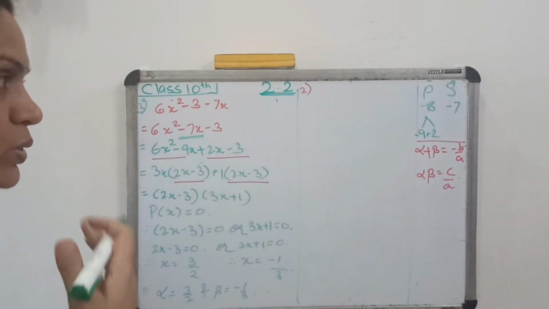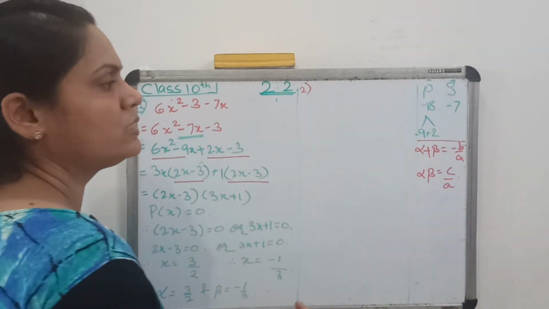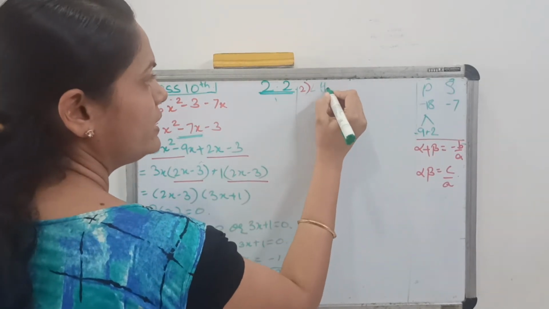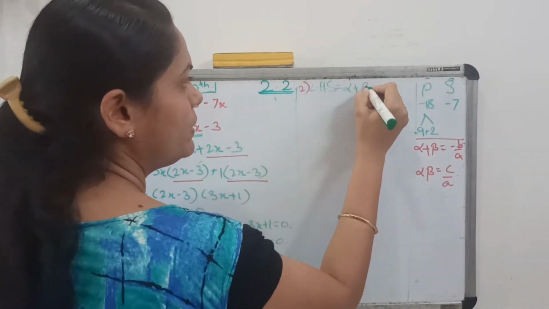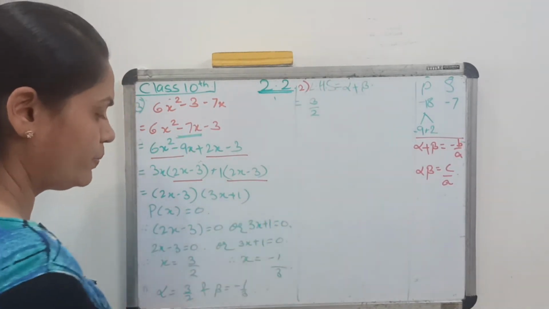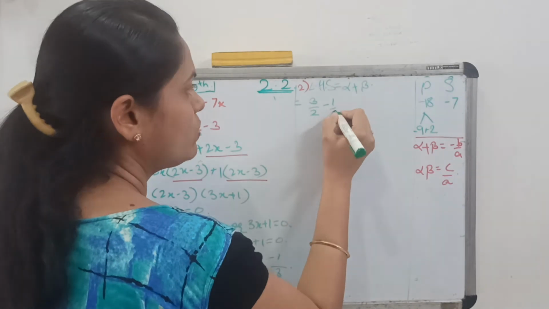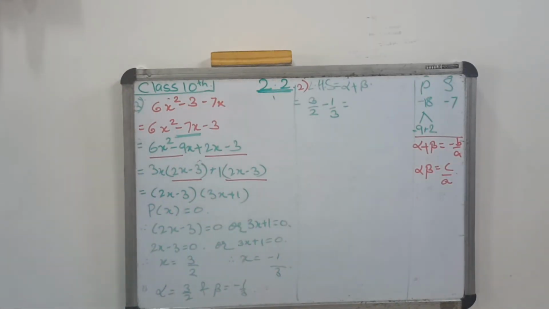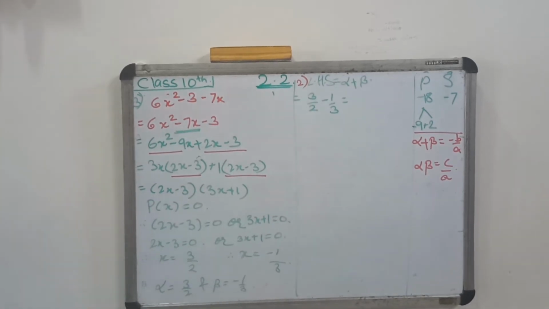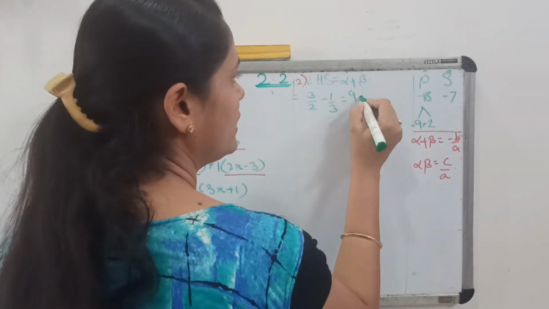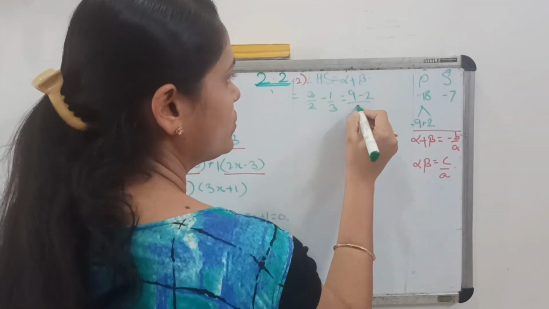The more and more you speak and write, you will memorize it very fast. So, left hand side is equals to alpha plus beta. What is alpha? 3 upon 2. What is beta? Minus 1 upon 3. How will you solve this? We will solve this by just simple cross multiplication. 3 3s are 9, 2 1s are 2, 3 2s are 6.